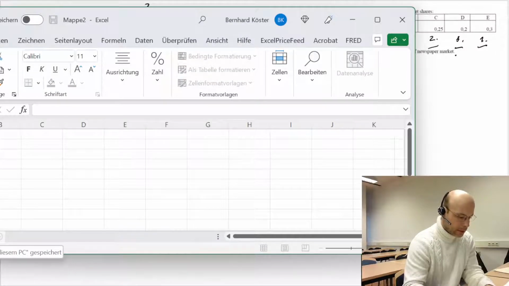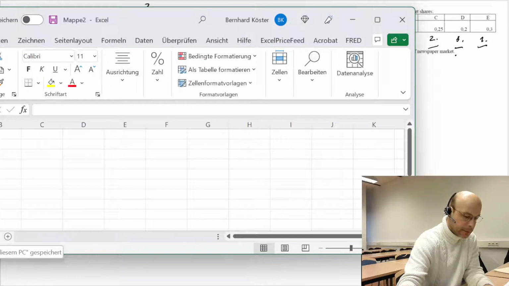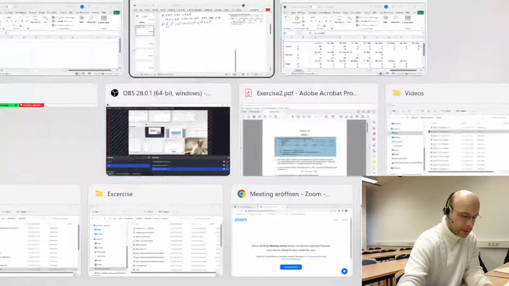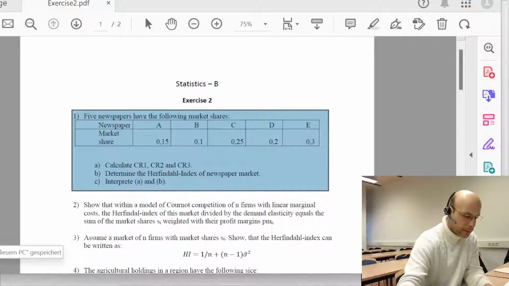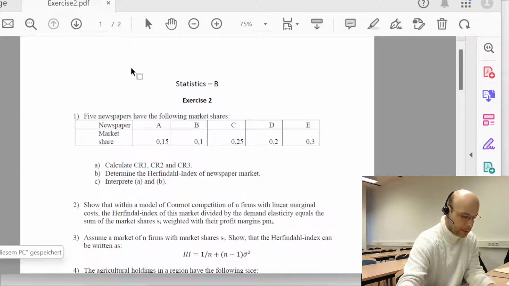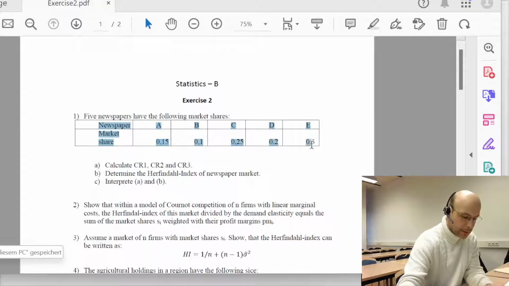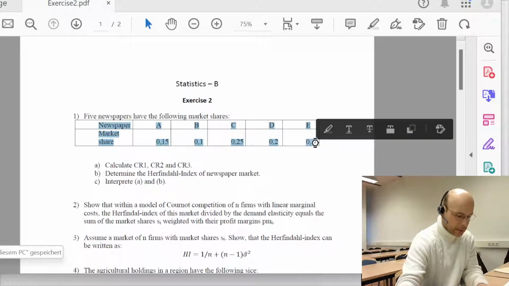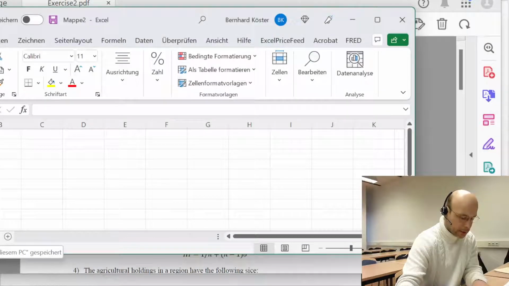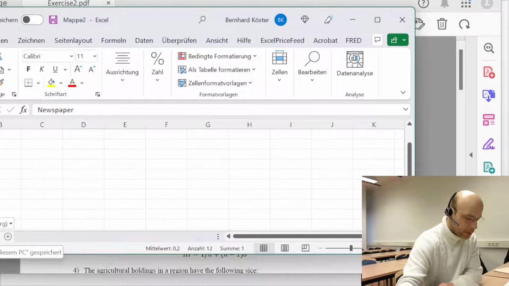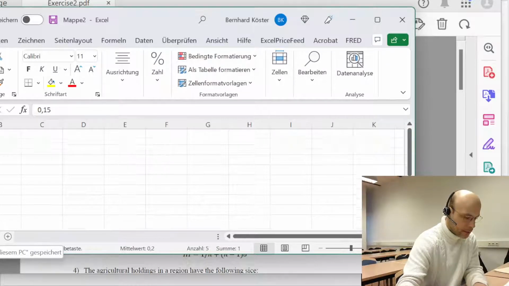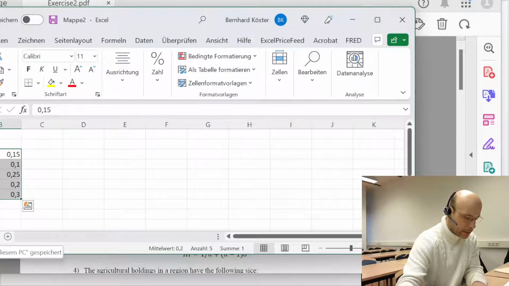So this is E2, A1. Now what we have is these market shares. Hopefully this works. Almost. And market share.